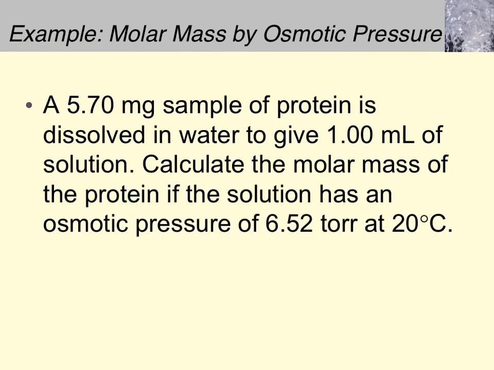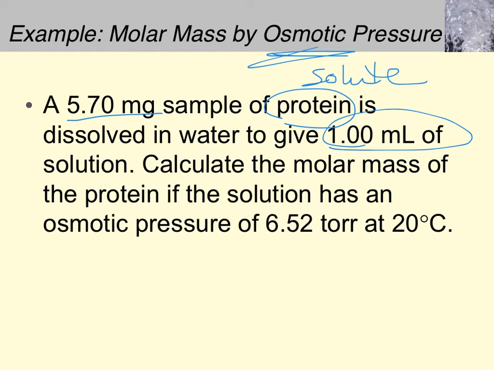Here's another example. Obviously, osmotic pressure is big in biology, so these problems are biology-based. So let's see what we have here. 5.7 milligram sample of a protein. It's dissolved in water, so protein is obviously your solute. To give 1 milliliter, that's the total volume of solution.